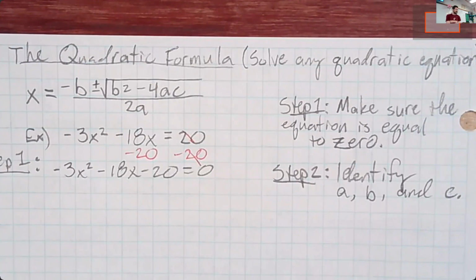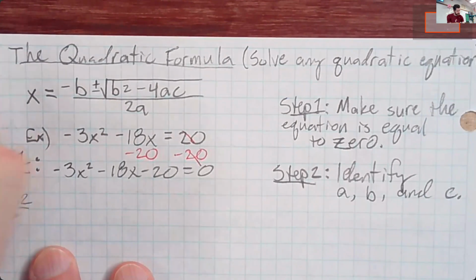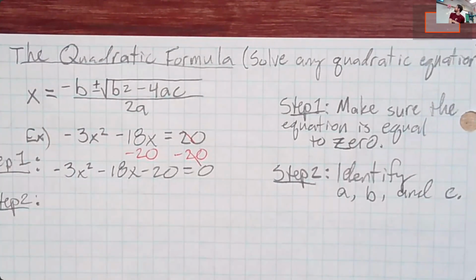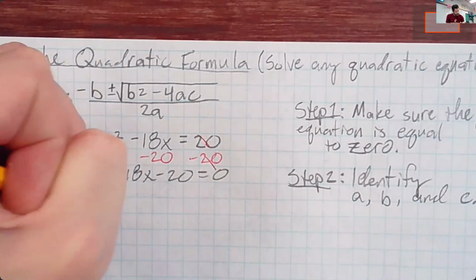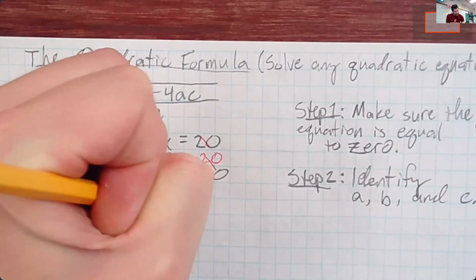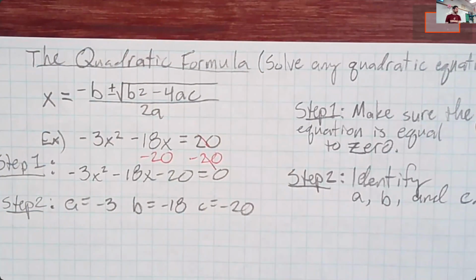Step 2, identify A, B, and C. Over on the left, step 2. Same as the one on the front. So A equals -3, B equals -18, C equals -20. So same problem as the one that we saw on the front side. Same for A, B, and C. That's step 2.